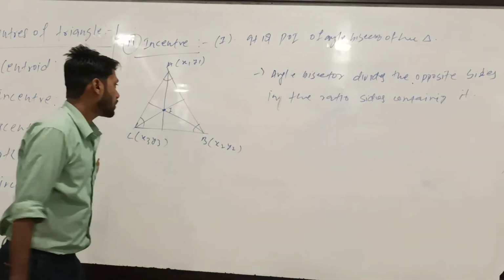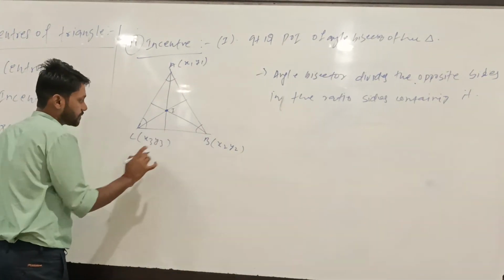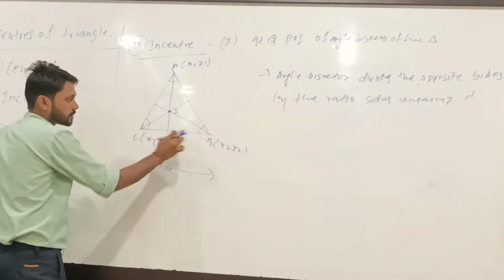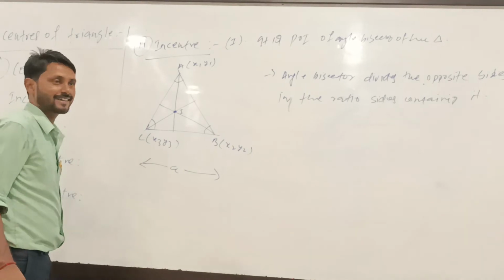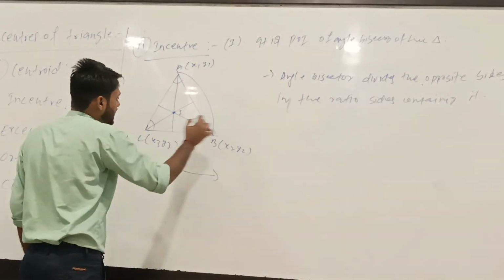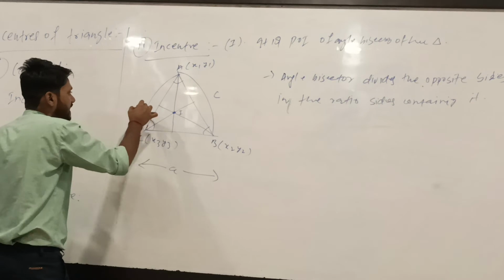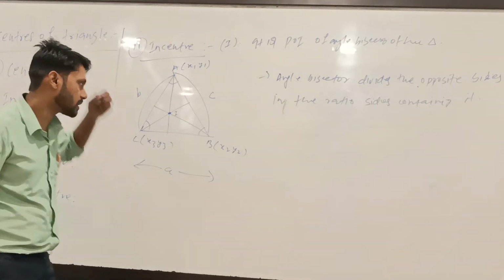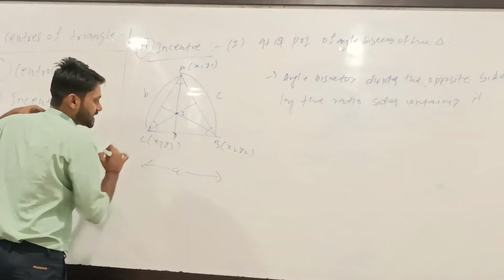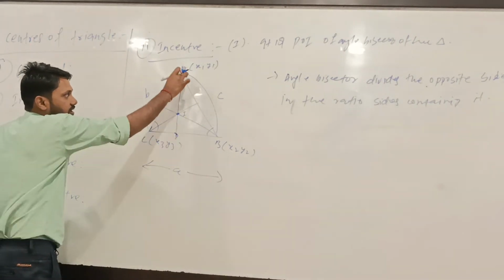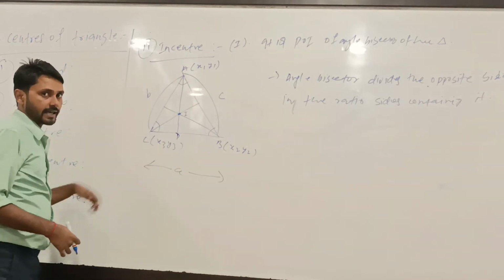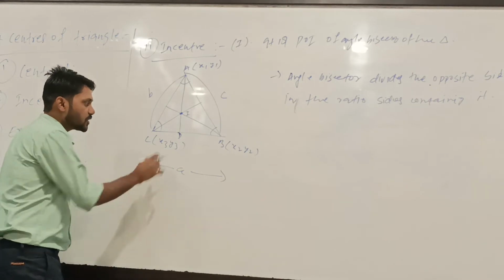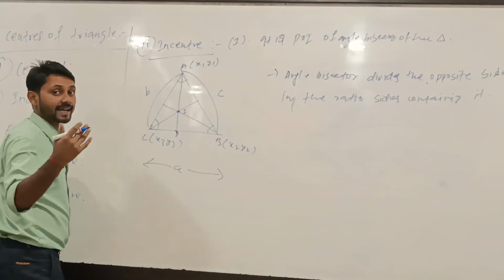See, what is the meaning of this? Suppose the length of side CB is a, the length of this side is c, and the length of this side is b. I am taking small a, small b, and small c. If this point is D, the angle bisector point dividing this side, in what ratio will it divide? In the ratio of the sides containing it.